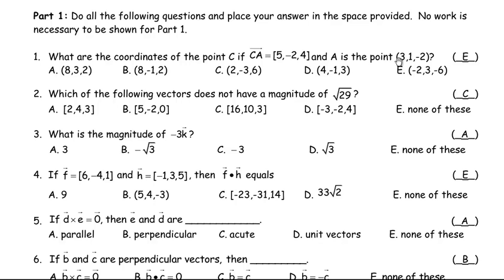So we know where the head of the vector is. We know that A is the point (3, 1, -2). Remember, you take the coordinates from the head of the vector and subtract the tail to get the components of the vector. So if I take this x component of 3 and subtract the x component of my other point, I should get 5.